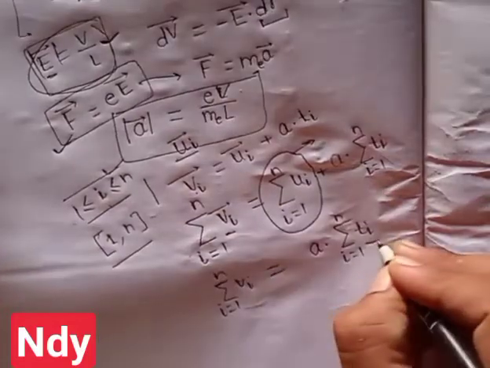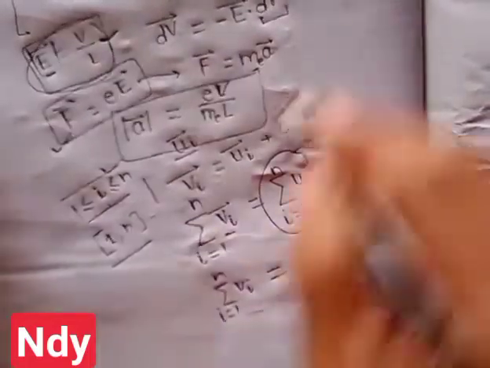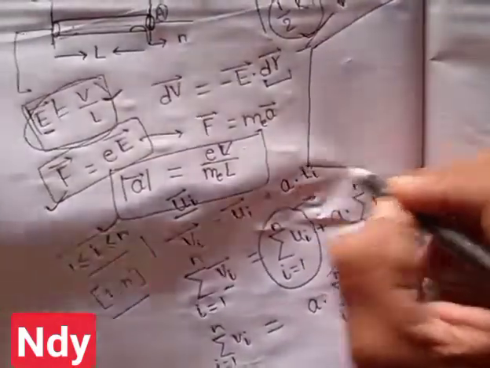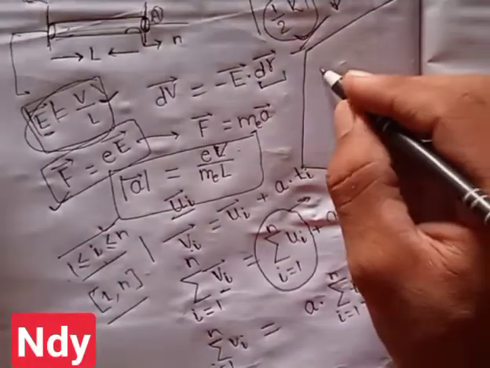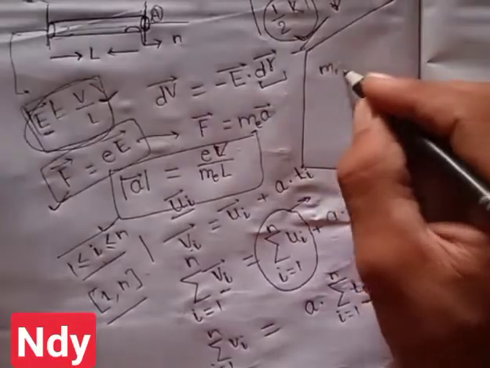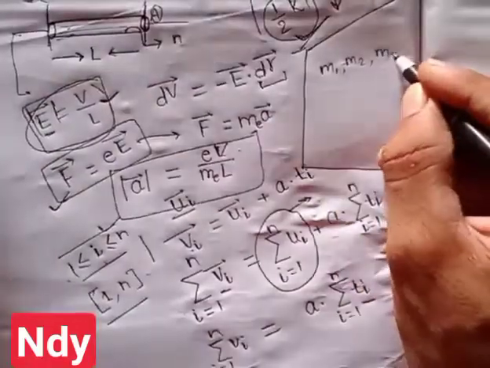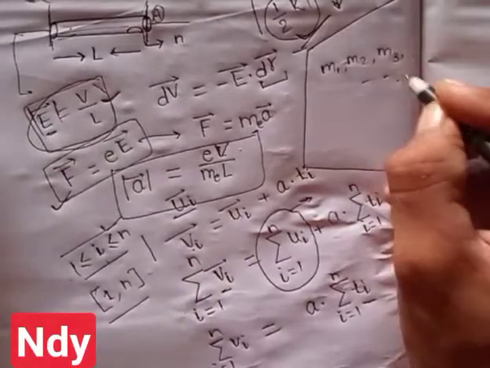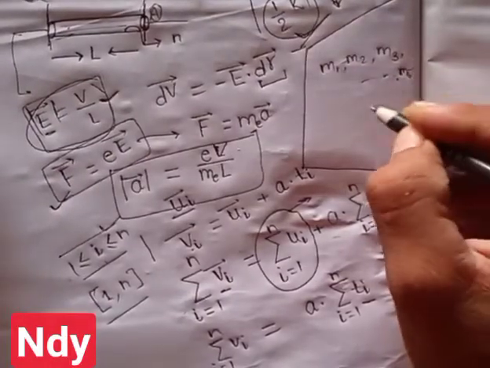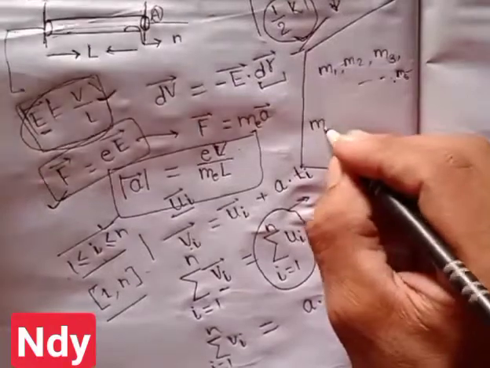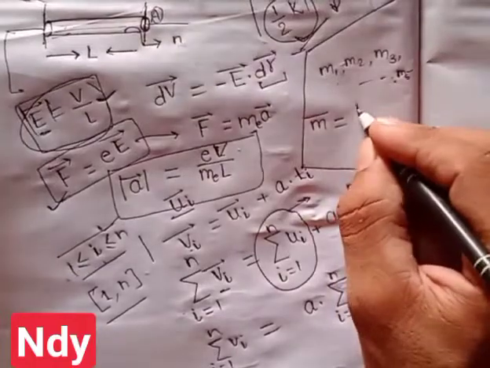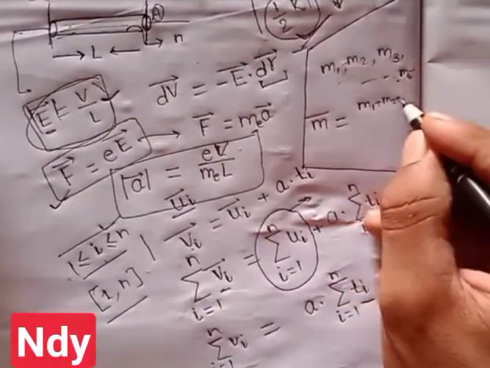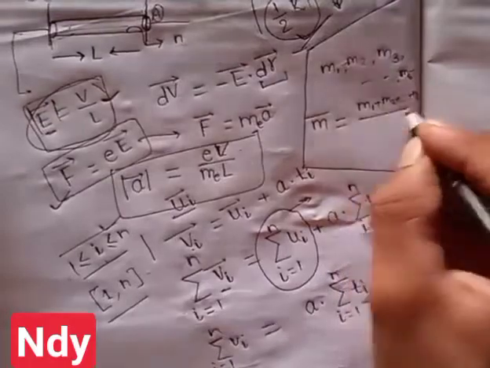And what would this ti be? Suppose there are some students in your class, and their masses are m1, m2, m3, and so on, let there be 5, so m5. We know the average mass, let it be m bar, so m bar will be m1 plus m2 plus so on up to m5, divided by 5.